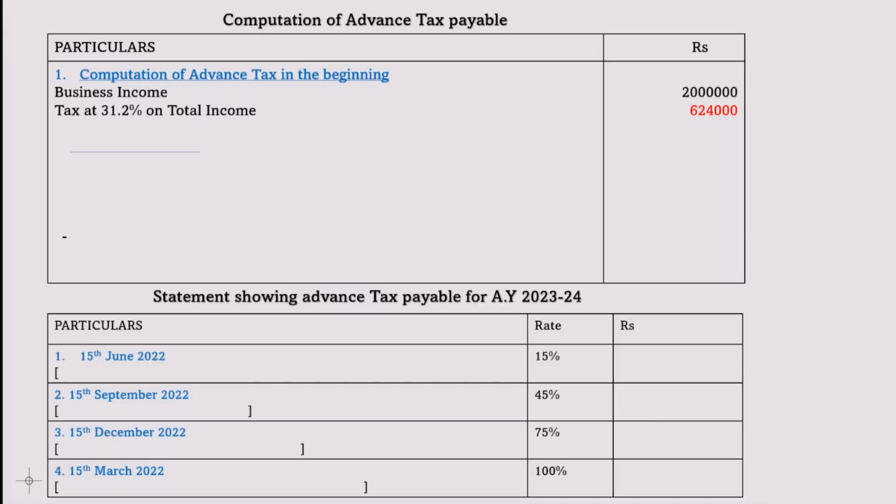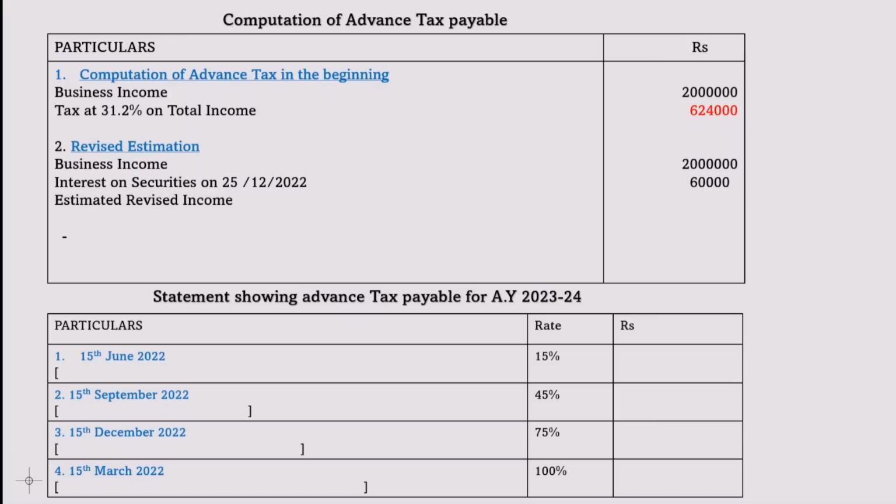Then we have to compute the revised estimation or revised income to calculate how much advance tax is payable at the last stage. Here we have business income as it is, 20 lakh rupees. Interest on securities we have 60,000 rupees. Next, estimated revised income: total 20 lakh rupees plus 60,000 amounts to 20 lakh 60,000. On this we need to pay tax at 31.2%. 20 lakh 60,000 into 31.2% amounts to 6,42,720.